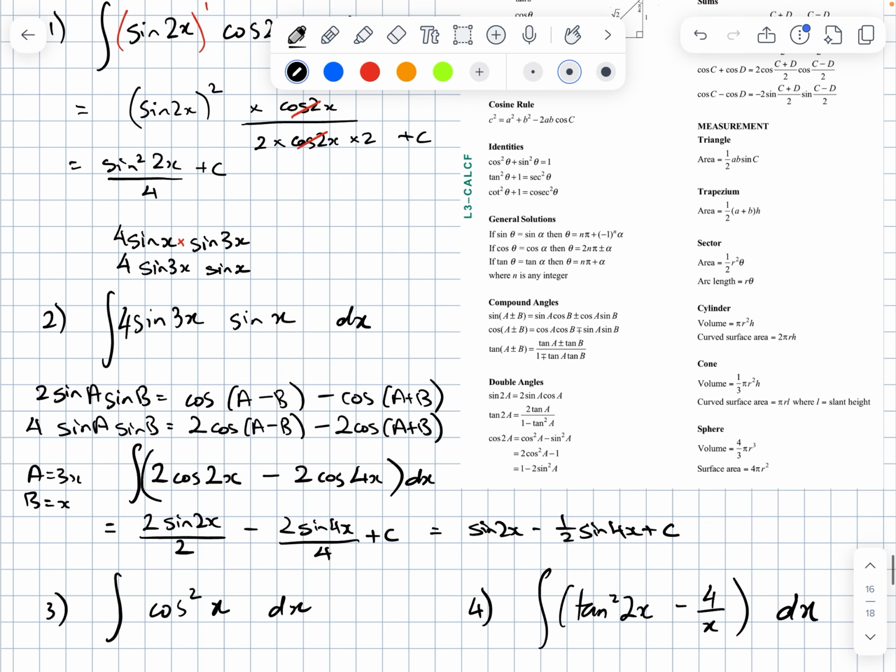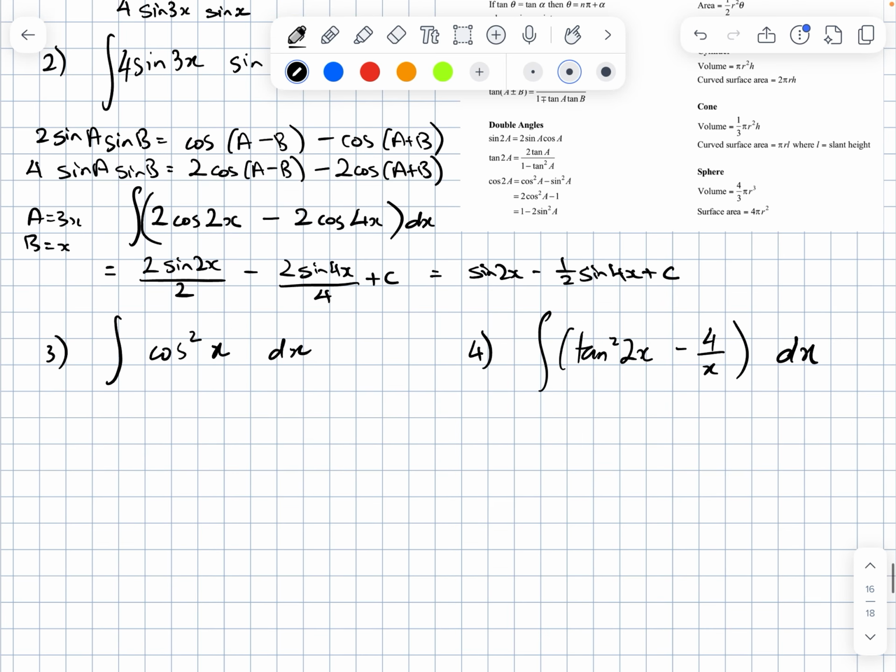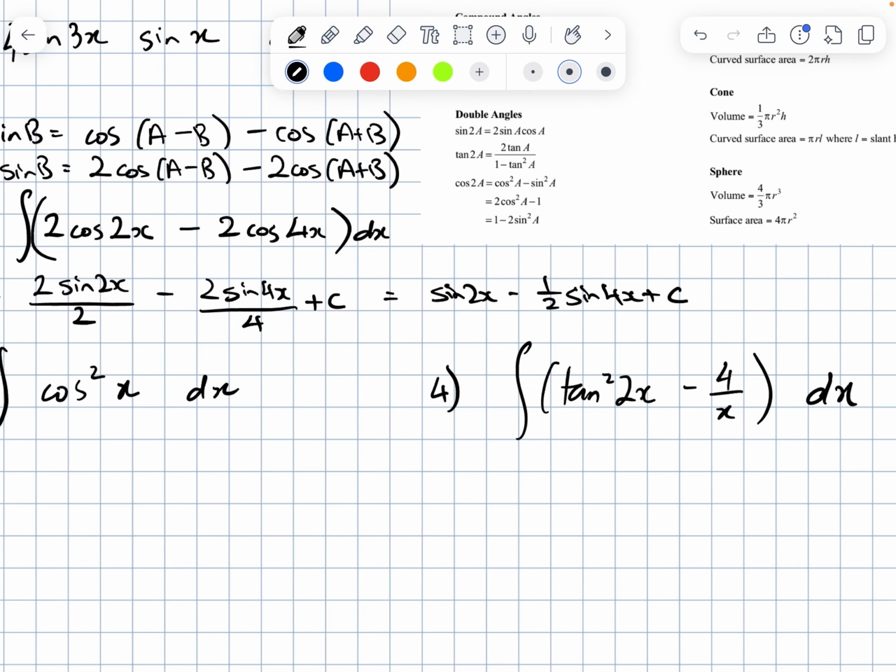The other time that you're going to use trig identities is when you have squareds, particularly cos squared or sin squared. Now, we haven't covered how to integrate cos squared yet, and that's because when it's written as cos x all in brackets to the power 2, it's not being multiplied by a derivative of that bracket, and so there's no way that you could have ended up differentiating to be left with just cos squared x.